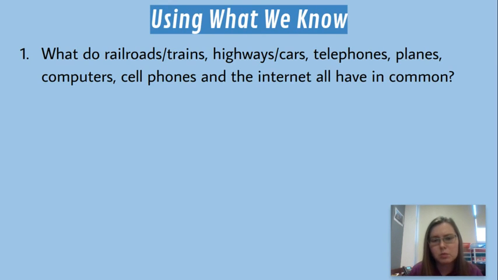What do all these things have in common? What do we use these things for? What is the connection between railroads and cars and cell phones and the internet? Think about, how do we use them?